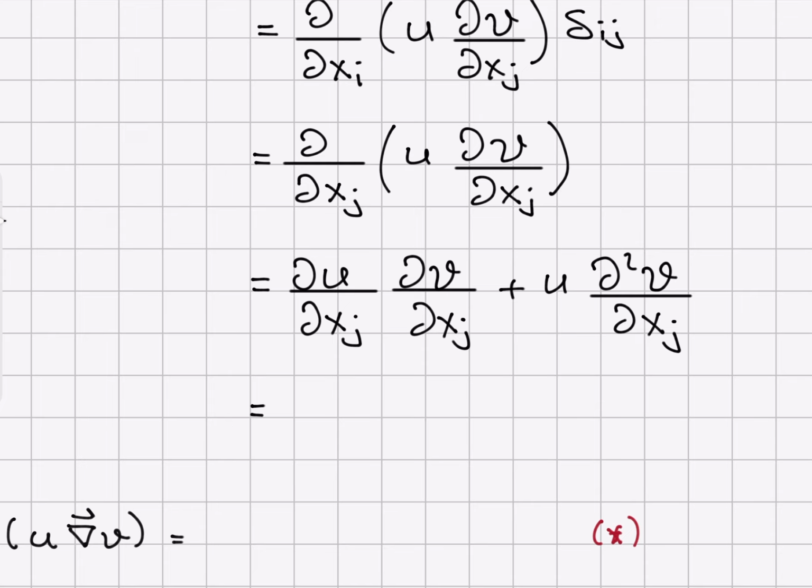So gradient of u dot product with gradient of the scalar field v. That's the first term, plus u, the second derivative basically implies the Laplacian ∇²v.